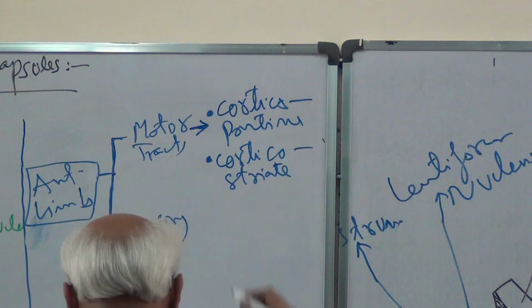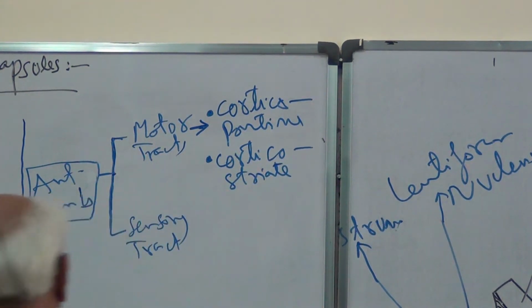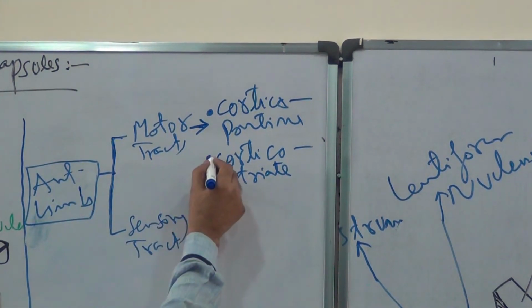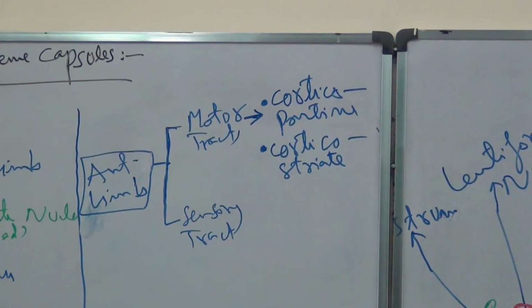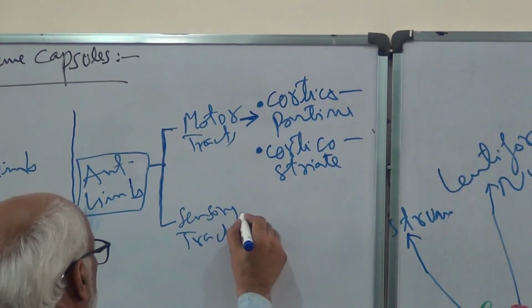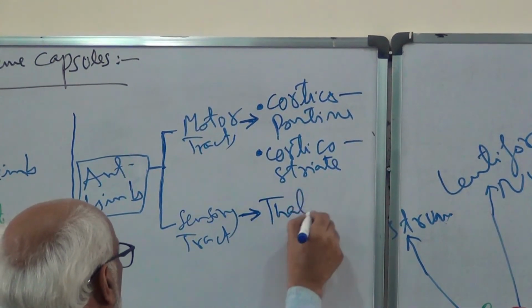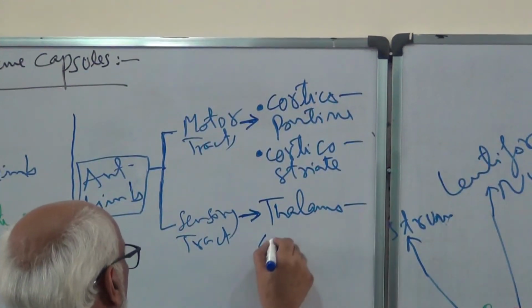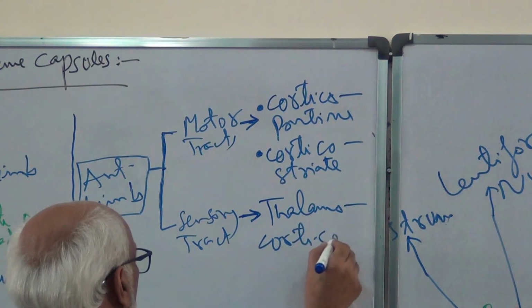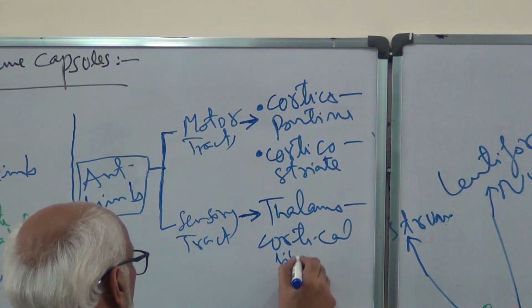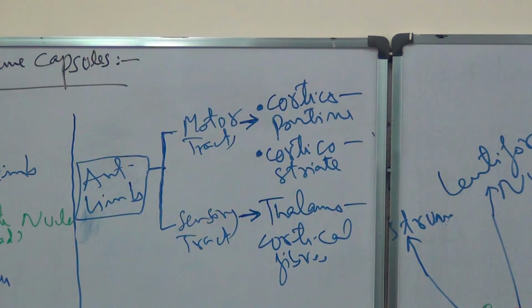Cortico-pontine and corticostriate fibers pass through the anterior limb of the internal capsule. Then the sensory tracts are thalamocortical fibers, which pass through the anterior limb of the internal capsule.